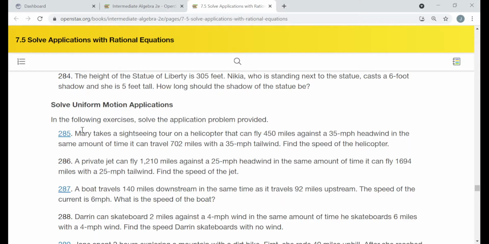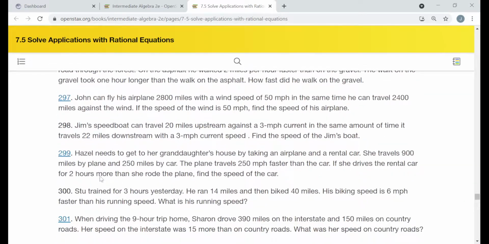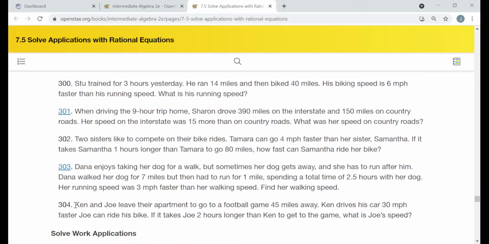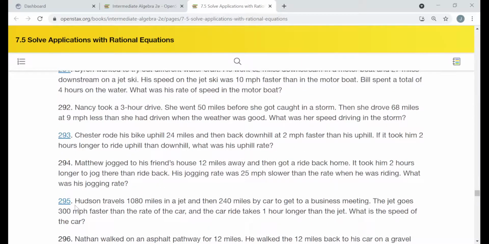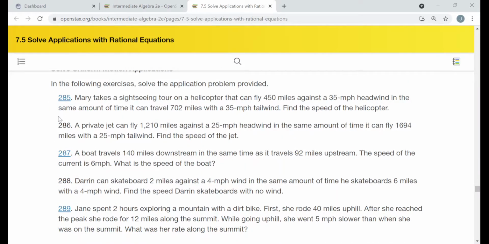The exercises I'll be working on are numbers 285 all the way to 304. All right, so that should be 20 examples. Each example corresponds to a different number, right? So in the video, example 1 will correspond to number 285.